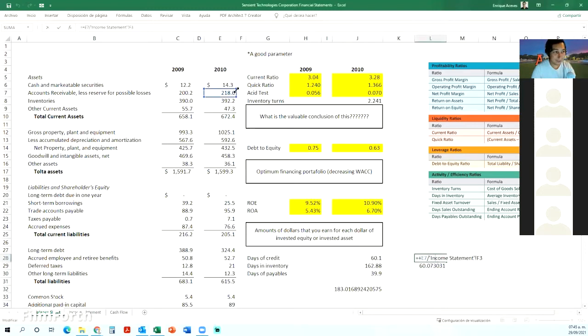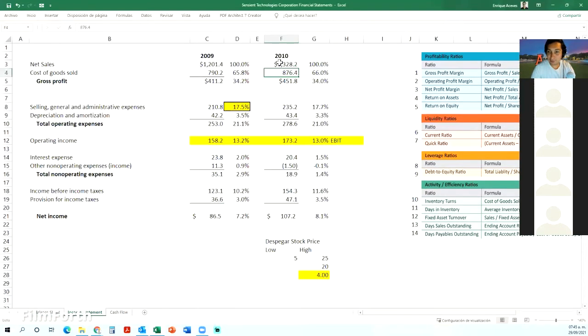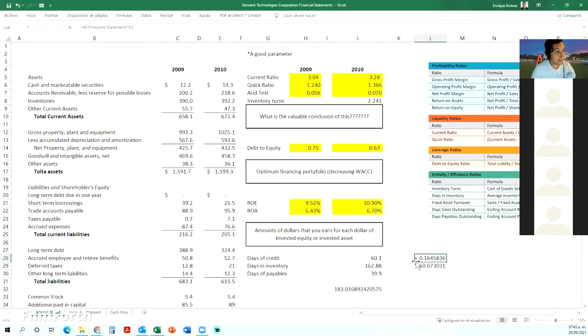What I was trying to show you before, I did not know that I was not sharing my screen, is the final balance of accounts receivable divided by the total level of sales. So it represents 16% of the yearly sales. So if you multiply that by 365 days, you will get the number of days that it represents from the whole year.